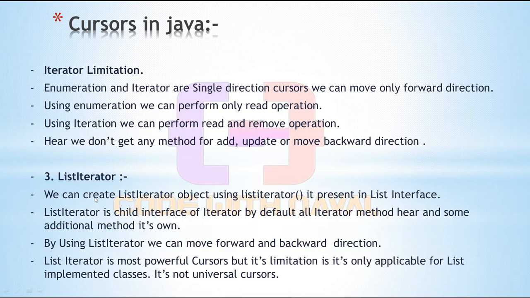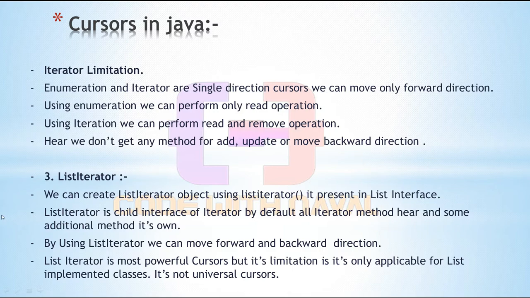If you want to use a cursor with any collection class, then we have only one option, Iterator. But if you want to use a cursor only with List interface child classes, then we can use ListIterator. That's why we can use ListIterator only with List implemented classes.